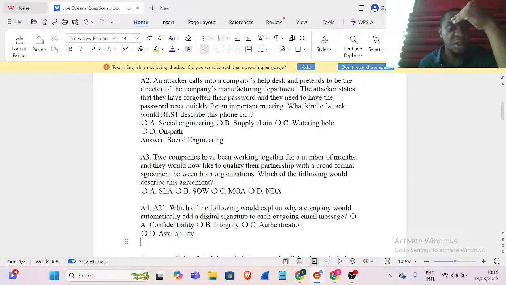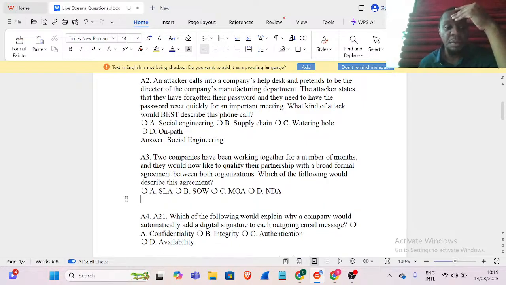So this will not be an NDA, this will be a memorandum of understanding. It's a formal agreement between both parties, and it's a legal agreement. That's the answer.